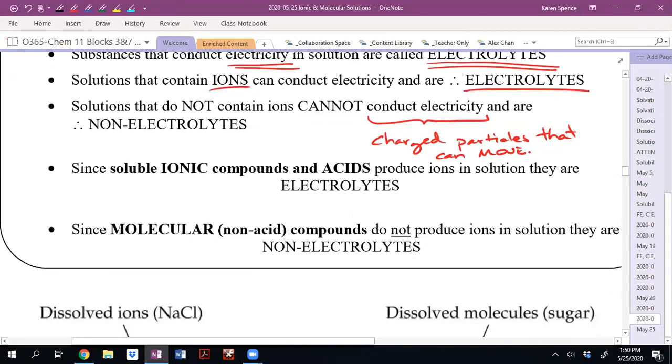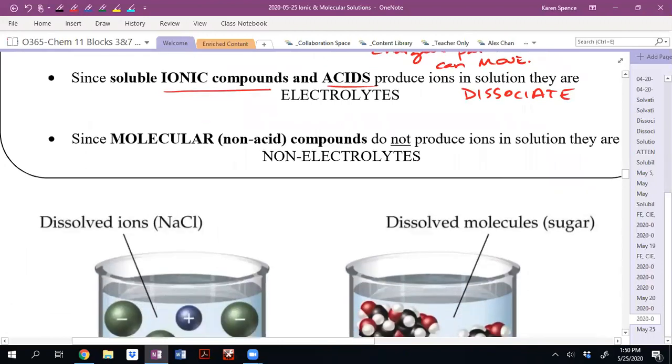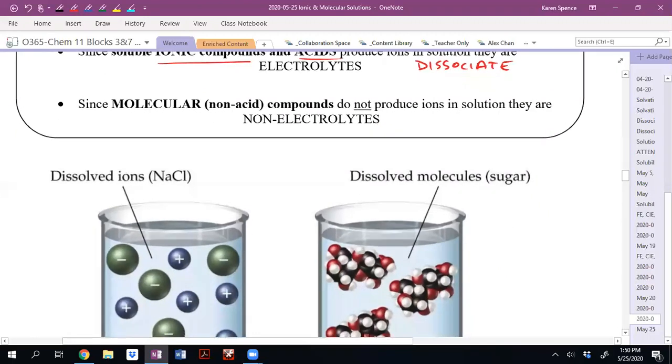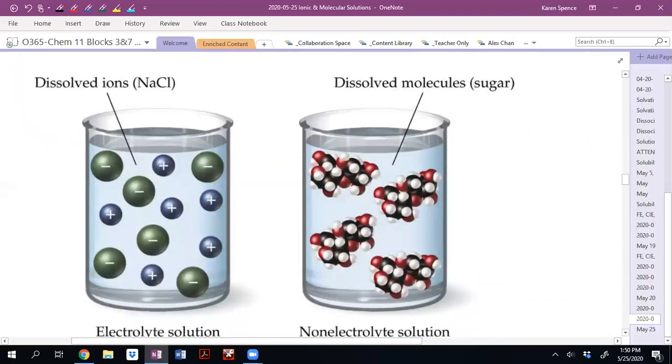And so your soluble ionic compounds and acids, which dissociate into ions, are electrolytes. Molecular compounds, which are non-metal non-acid compounds, don't dissociate. So if we look at a quick picture here, we have our dissolved sodium chloride, and you can see we have positive and negative ions.